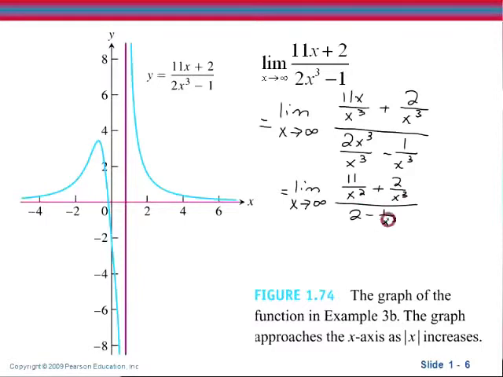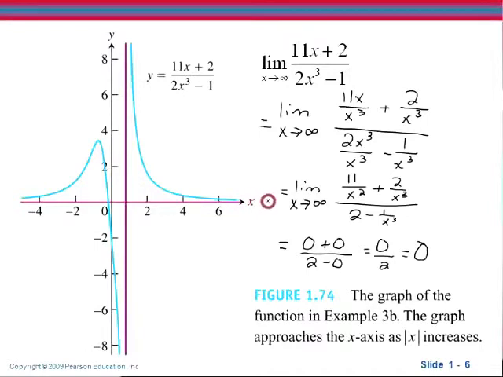Now remember, as the denominators get larger and larger, these three fractions will approach 0. So we will have 0 plus 0 in the numerator and 2 minus 0 in the denominator. And 0 divided by 2 is 0. You'll notice from the graph that supports this, as our x's get larger and larger, our graph tends to approach y equals 0.